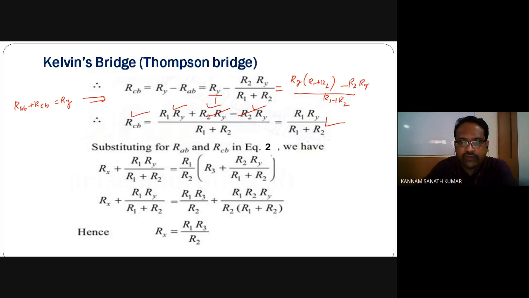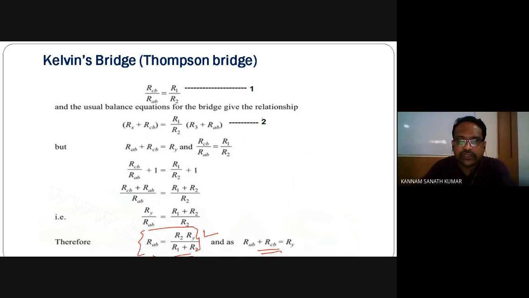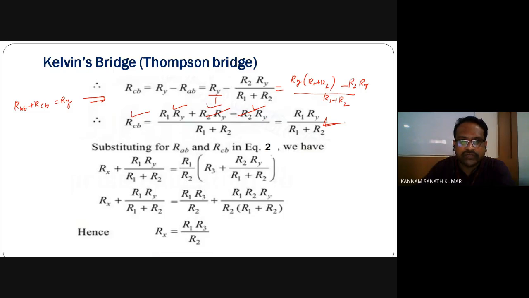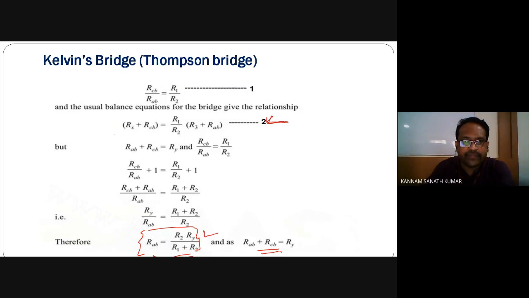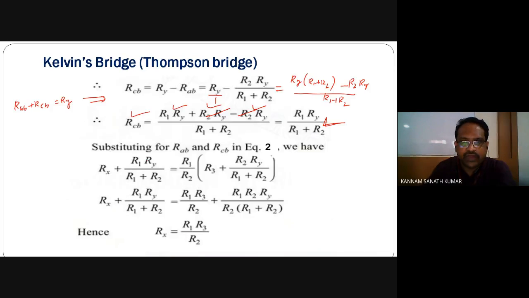Now substitute the values of RAB as well as RCB in the second equation. So Rx plus RCB, which is R1 Ry by R1 plus R2, equal to R1 by R2 into R3 plus RAB.